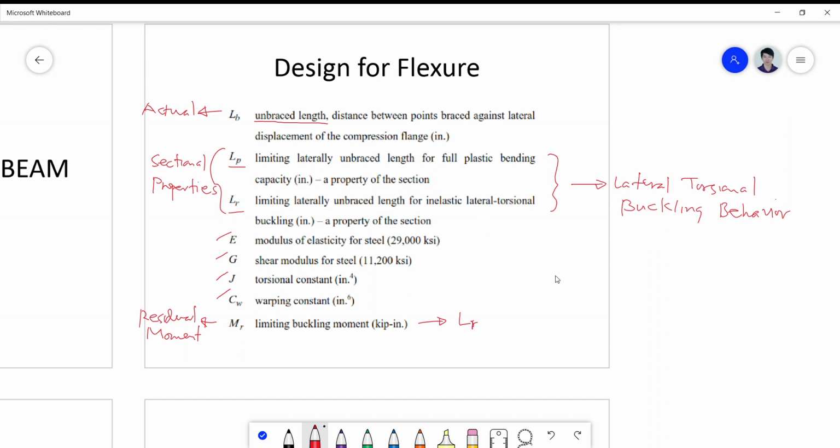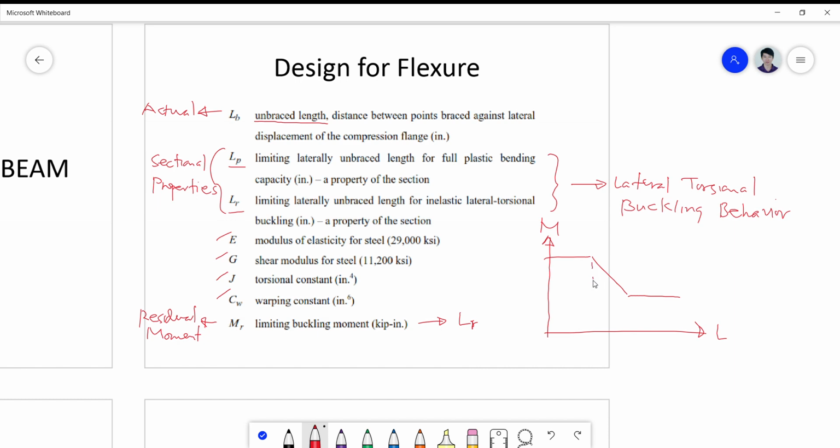So the graph for the moment strength curve, therefore, constitutes a moment versus lateral support requirement, which has the same shape as that of the compactness graph for moment versus lambda.